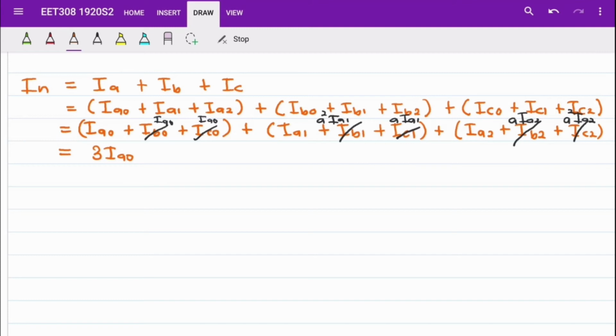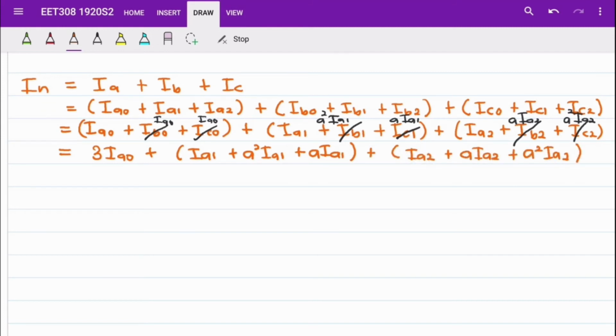So the equation becomes 3 times IA0 plus IA1 plus a to the power of 2 IA1 plus a times IA1. Then for negative sequence, IA2. Then we simplify the equation for the positive sequence and negative sequence.